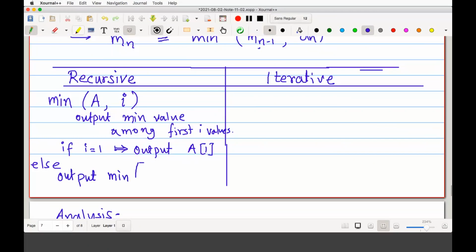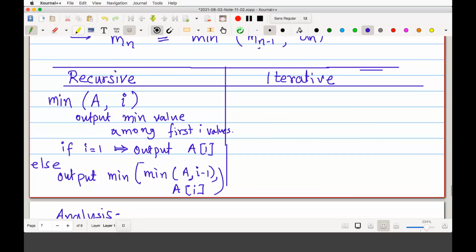One is calling the same function recursively for i minus 1, and you assume that gives you the minimum value among the first i minus 1 entries. Then you compare it with the ith entry, ai, and you take the minimum of the two, and that is your output. So that's a simple recursive implementation of this idea.